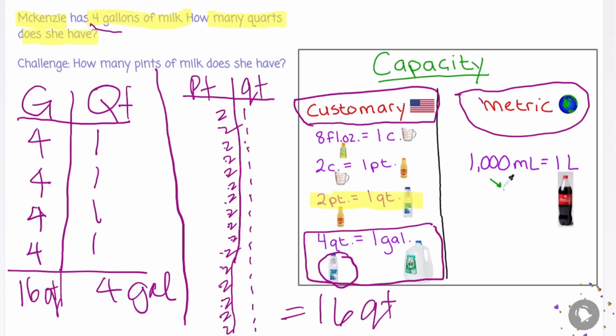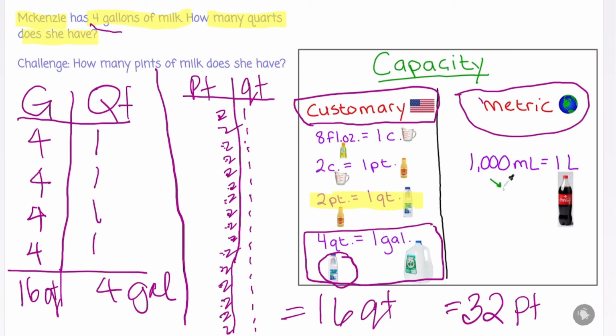But let me count again. 2, 4, 6, 8, 10, 12, 14, 16, 18, 20, 22, 24, 26, 28, 30, 32. Good not to double count, guys. 32. I have 32 pints.